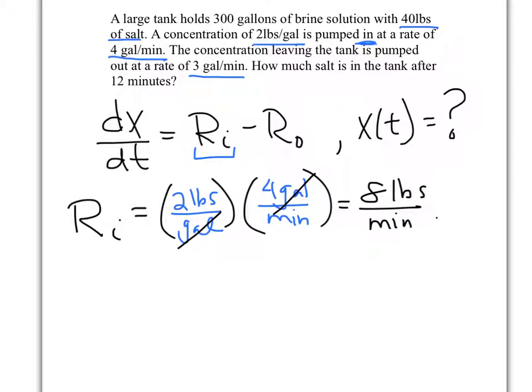So hopefully that was pretty easy. Now our Ro, that's also going to be a product of a concentration times a specific rate. Now the concentration, if you're looking at your book, is your Co of t.